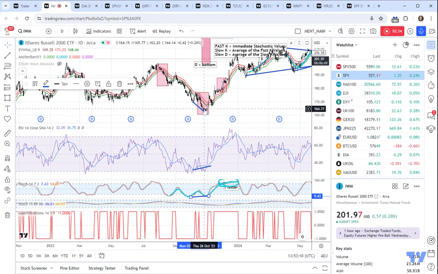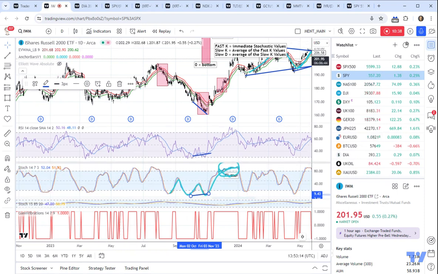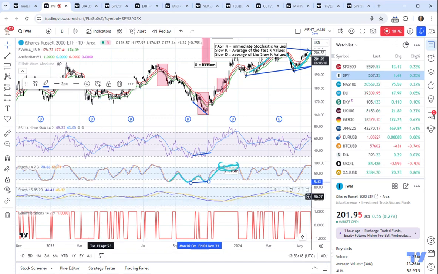This is what happens when you go outside of the range, which is again why sometimes I will use a longer term, like I have here, stochastics 15, 85, and 20. And what I'm looking for here is some confirmation. So am I getting an upward movement in RSI? Am I getting an upward movement in stochastics?